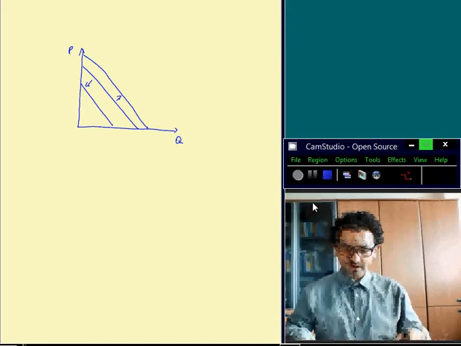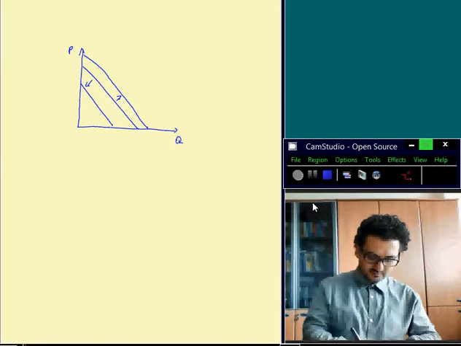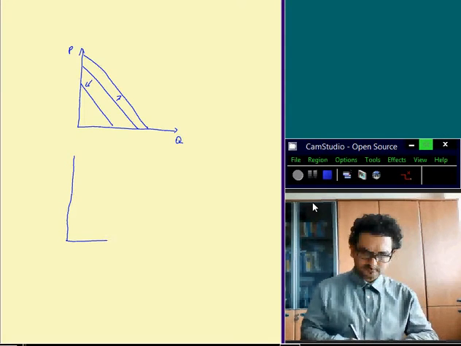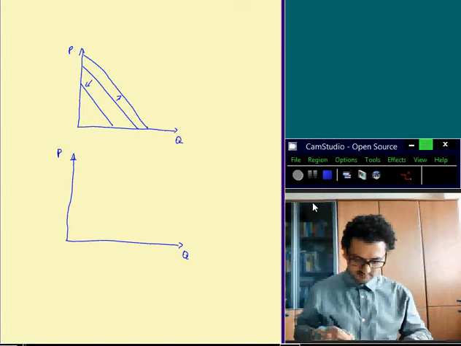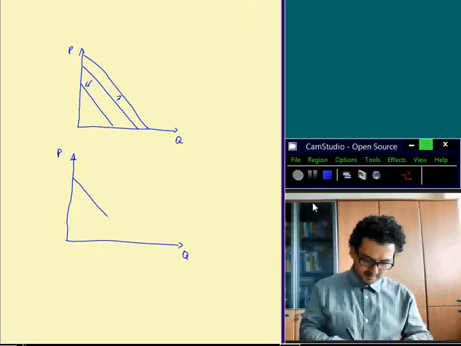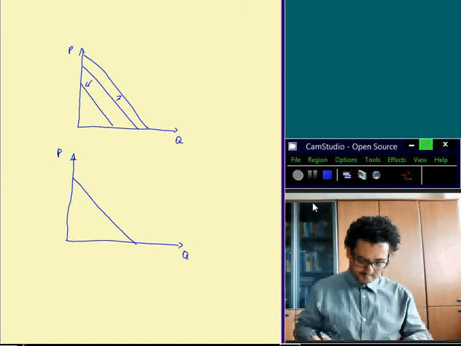We can visualize this effect considering again the demand for coffee. Again, we have price on the vertical axis and quantity on the horizontal axis, and this is the original demand for coffee.